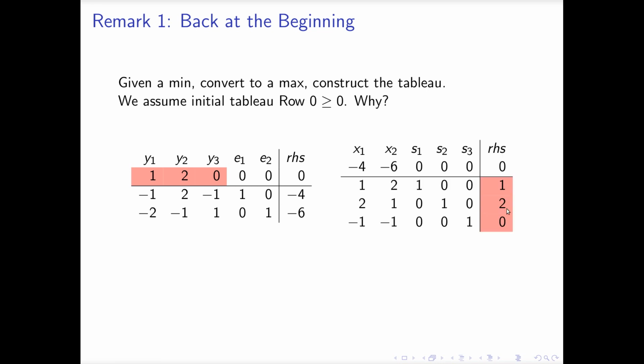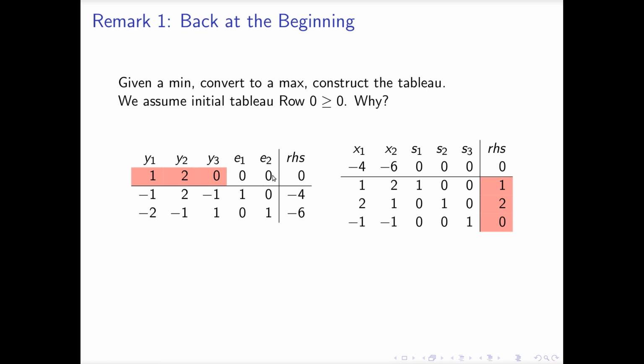Well, for the max problem, it goes on the right hand side. Notice what happens if you have negative values up here in row 0. What does that do to your dual? Oh, it's not going to be good for your dual, right? Because you're going to end up having negative values on your right hand side.